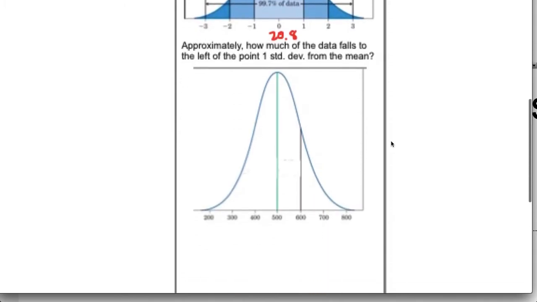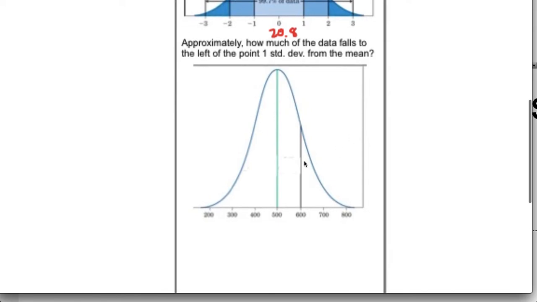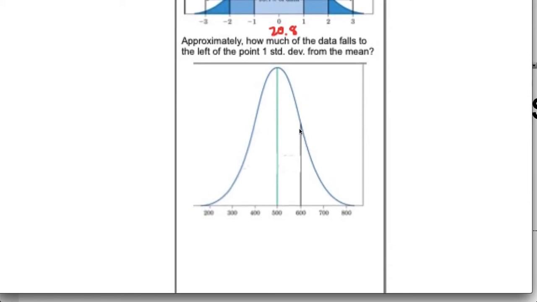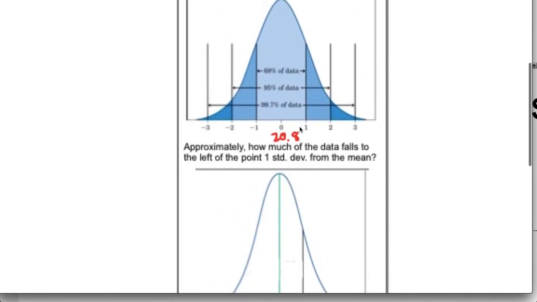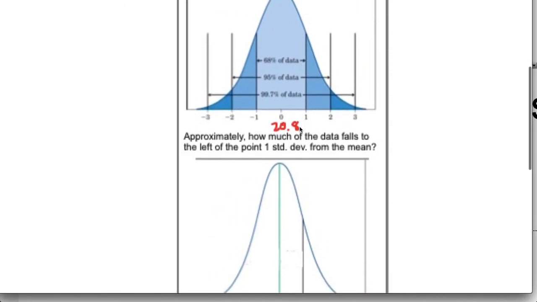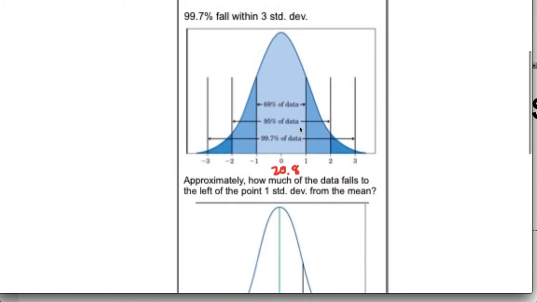So in this example, it asks approximately how much of the data falls to the left of the point one standard deviation from the mean. Here's where we need to understand how this chart divides up data. Remember that this line at 0 divides the data right in half.